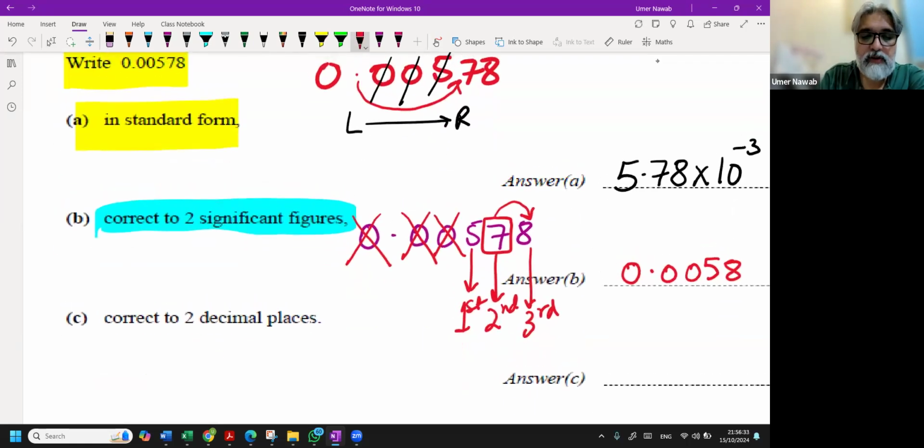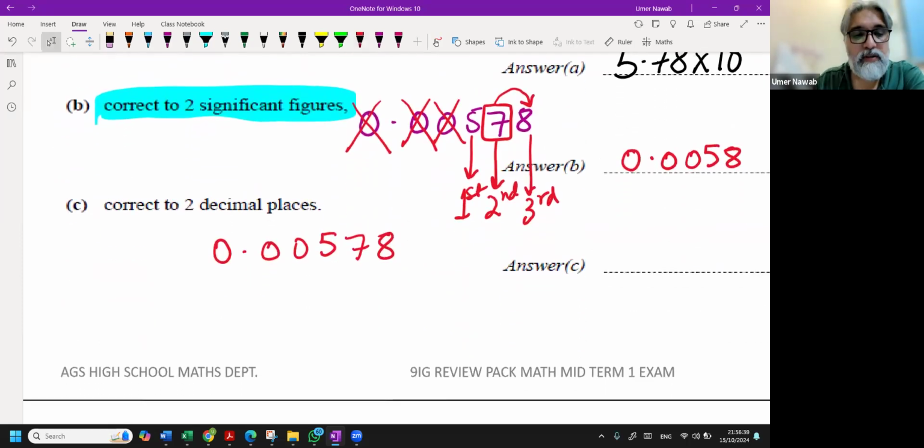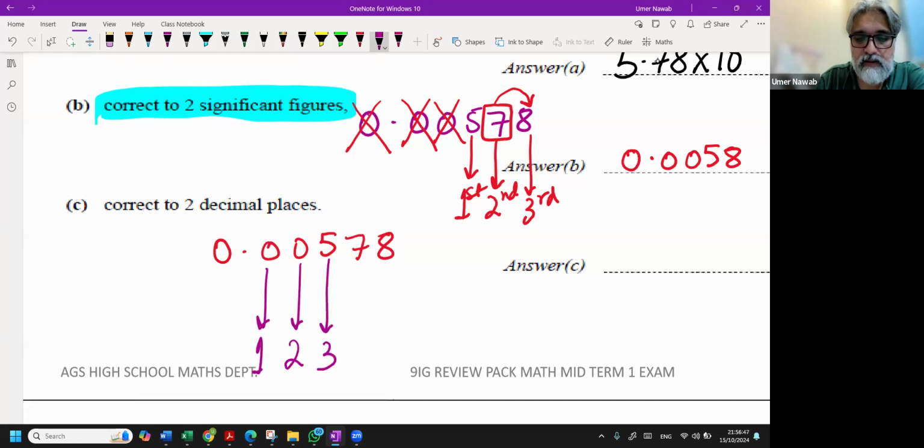Now the same number, 0.00578, we have to round this number to two decimal places. As you can see, this is my first decimal place. This is my second decimal place. This is my third decimal place, fourth decimal place, and fifth decimal place. The actual number which is given has been written to five decimal places, but I want to round it to the second decimal place.